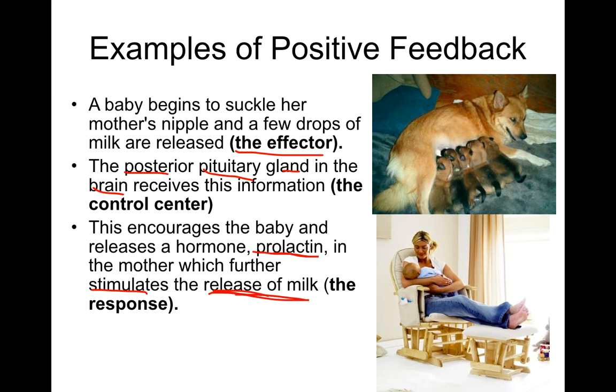So this is a positive feedback loop because humans are not normally releasing milk. But this causes it to do that, and it increases the release of milk. So that's going farther from the normal. In this case, that's a good thing.